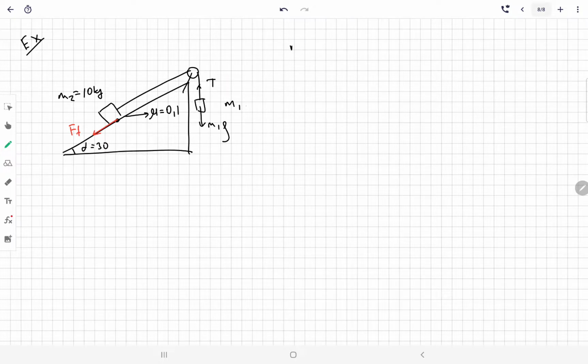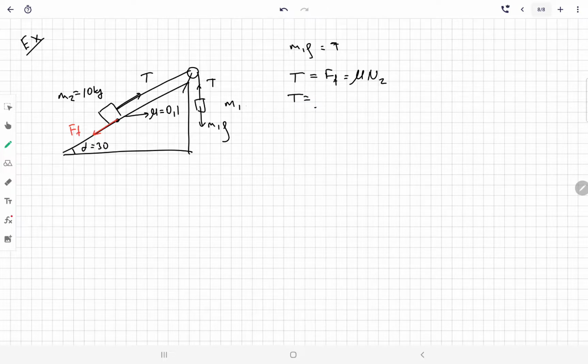It's at rest, so M1G equals tension. Now let's come to the object M2. Upward we have a tension. This tension should be at least equal to friction force. And this is the moment that it's almost starting its motion. So it means it reached its maximum value.